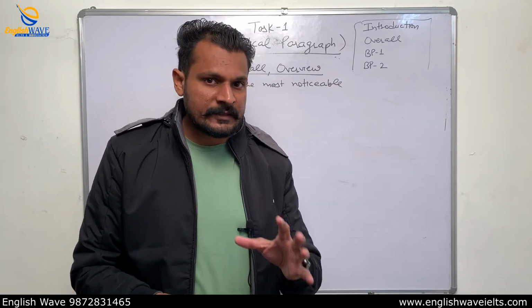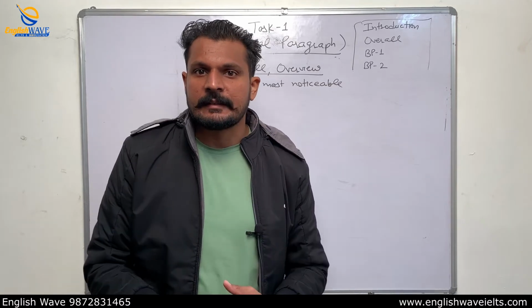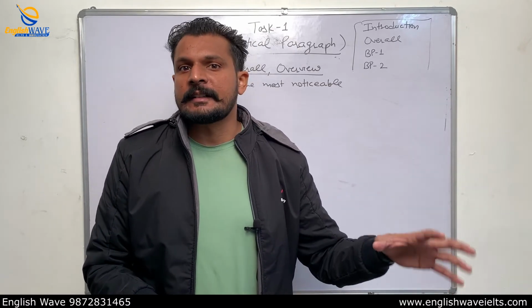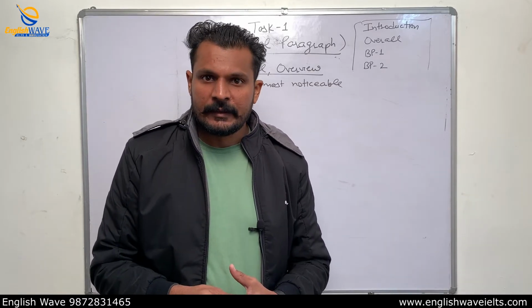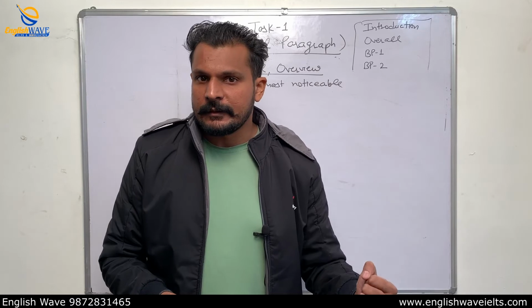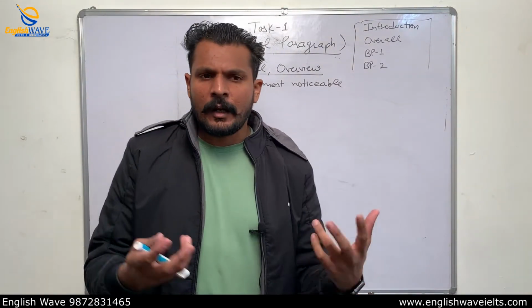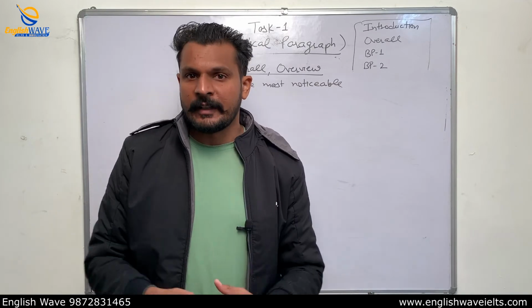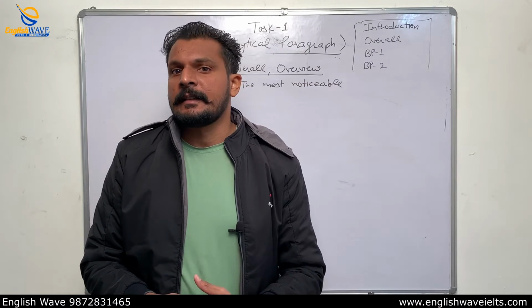Please remember, you are not supposed to put the value. You are supposed to only mention that this was the time frame when the value hit the maximum target. So don't put any value. Or we can write down the minimum value when the value was the lowest.